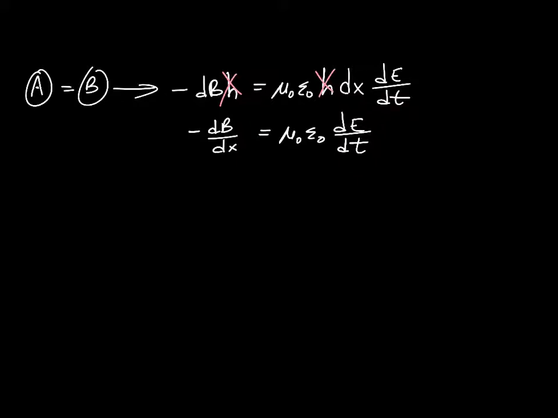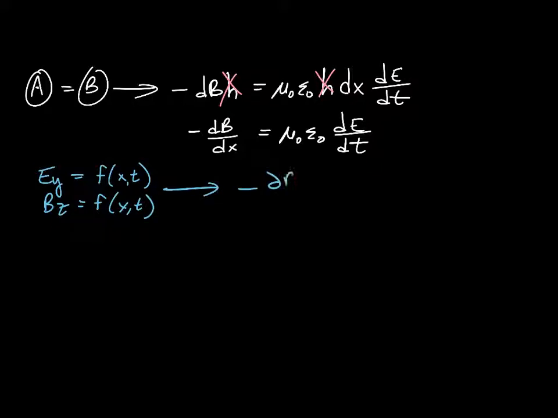All right, so we have this. And guess what we've got to do? Since E_y is a function of x and t, and B_z is also a function of x and t, that means we need partials instead of regular derivatives, which means we go through the same motions that we did before.